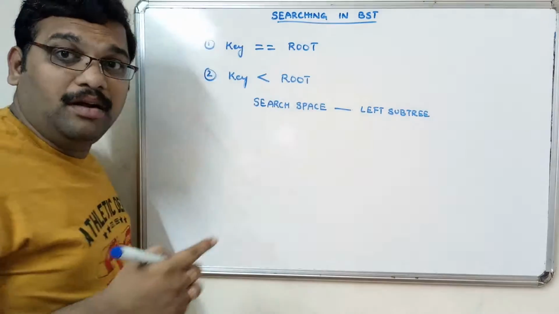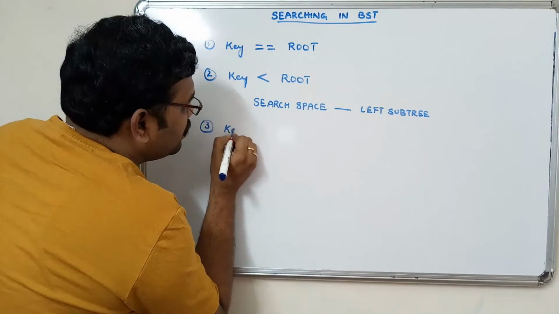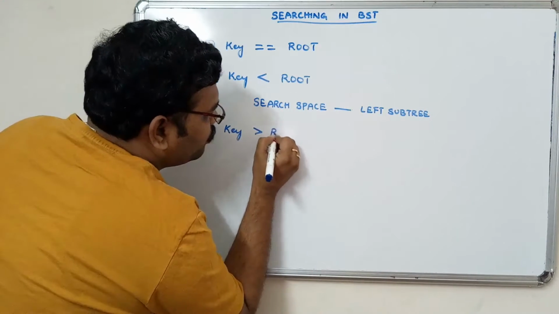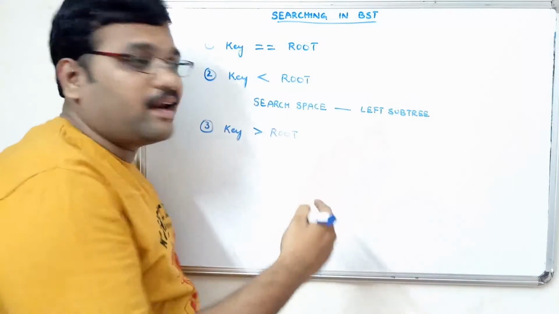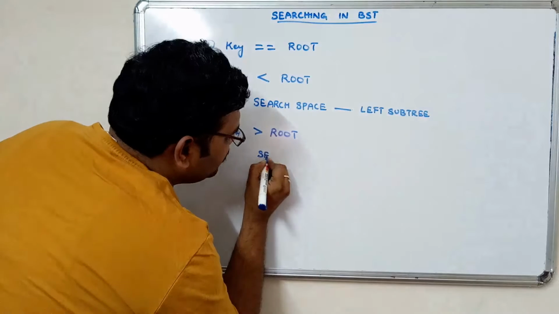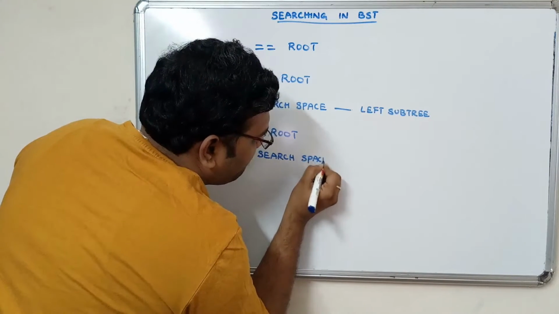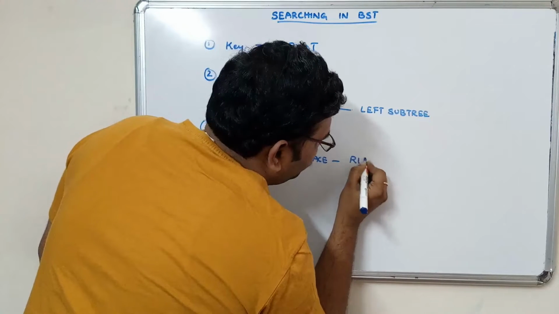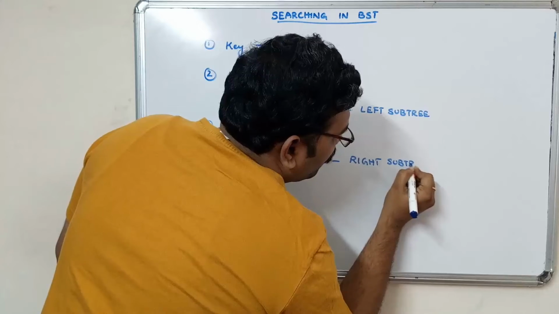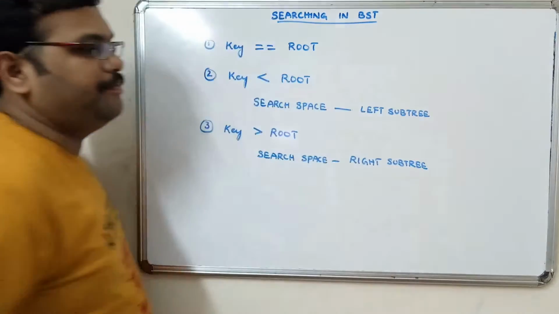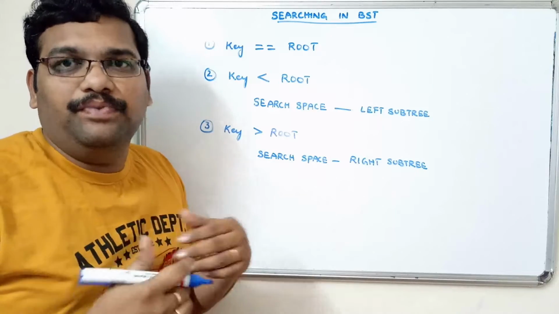According to our BST property. The third case, key is greater than root. We know that all the elements greater than root will be in the right subtree, so the search space will be the right subtree. So this is implemented in a recursive way.